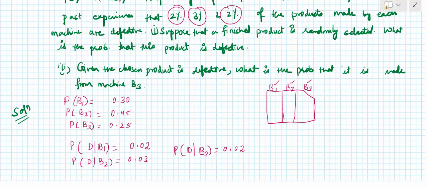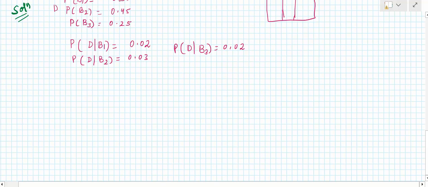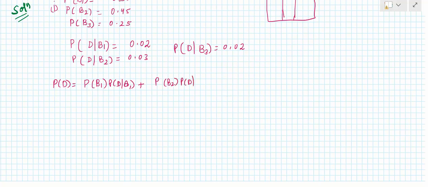Now what is being asked in the first question? What is the probability that the product is defective? So probability of D is being asked. We are going to use the total probability theorem. So that would be probability of B1 into probability of D given B1, plus probability of B2 into probability of D given B2, plus probability of B3 into probability of D given B3.